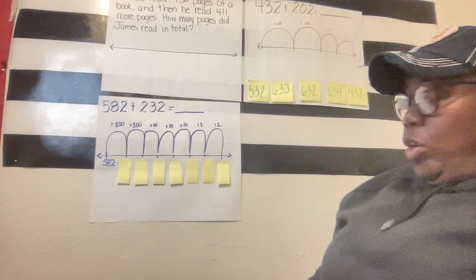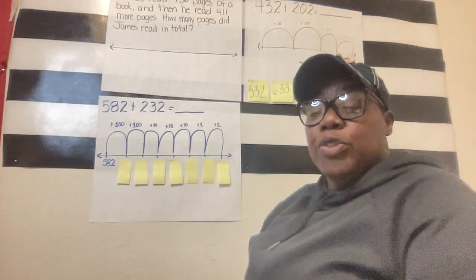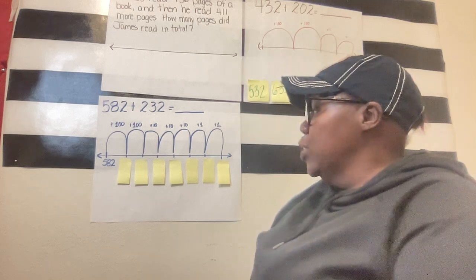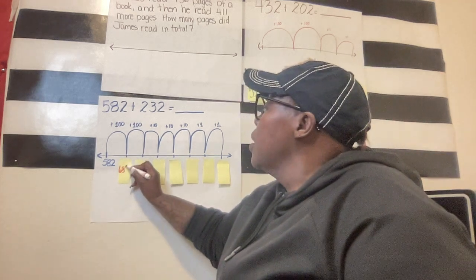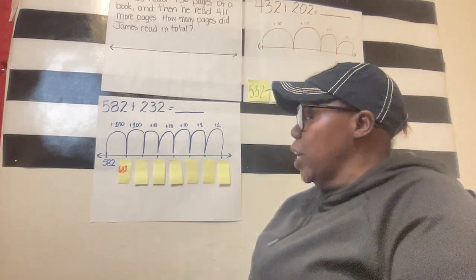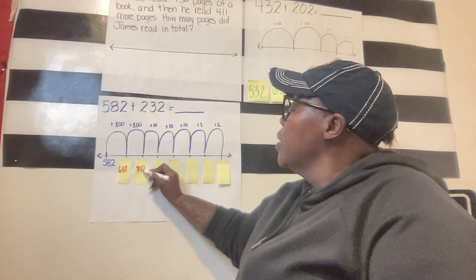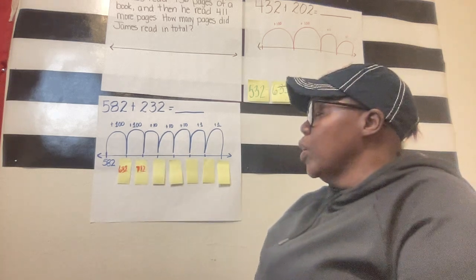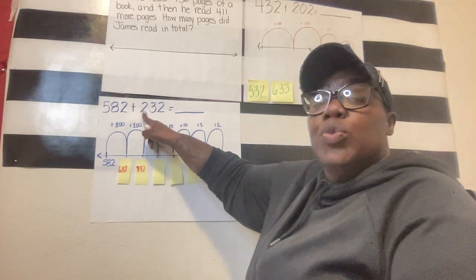So when you look at this, 100 plus 582 is going to give you 682. 100 plus 682 is going to give you 782. So if you've taken care of both of those hundreds, you had two hundreds.